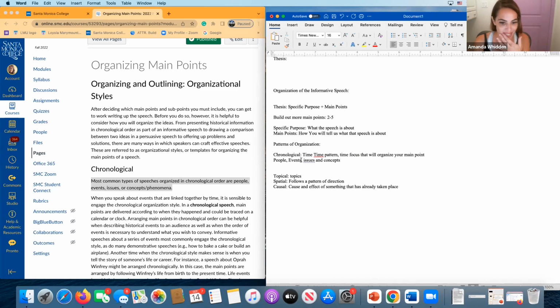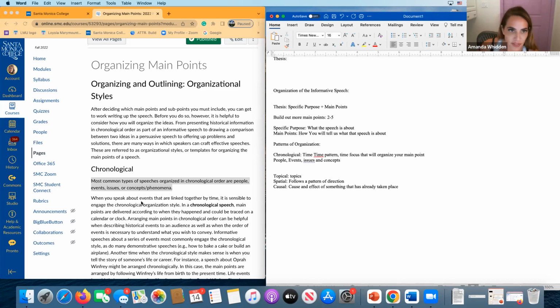If you want to talk about, for example, the events of 9/11, it could be what happened to the first hijacked plane into the first tower, the second tower, the Pentagon, Flight 93. So those could be 4 different ways that you can describe what happened that day, and do it in the time period that it did happen.